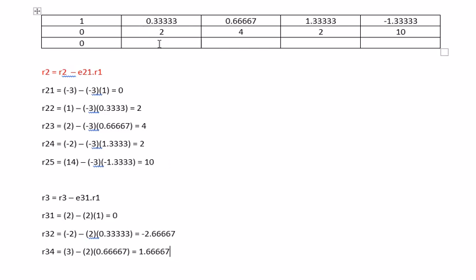So we have here negative 2.66667. We have here 1.66667. Oh, we are only on R33. This is R33.